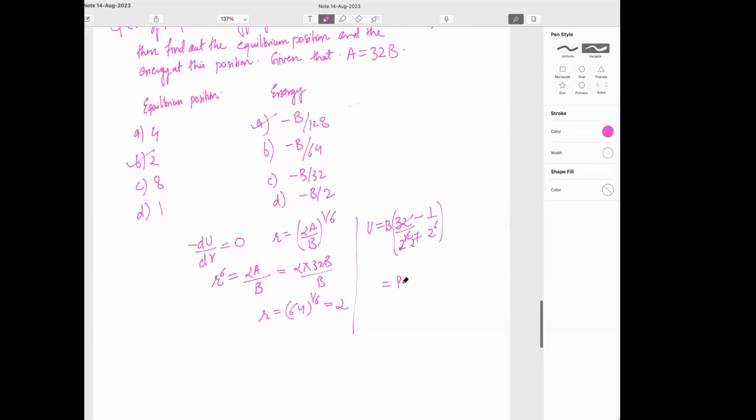So that comes out to be B by 2 to the power 6, take 2 to the power 6 common, minus 6 upar. Now it is 1 by 2 minus 1, which is half.